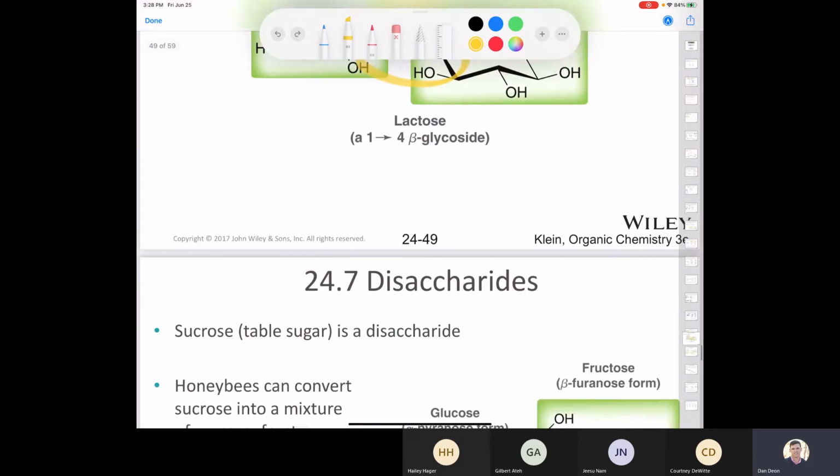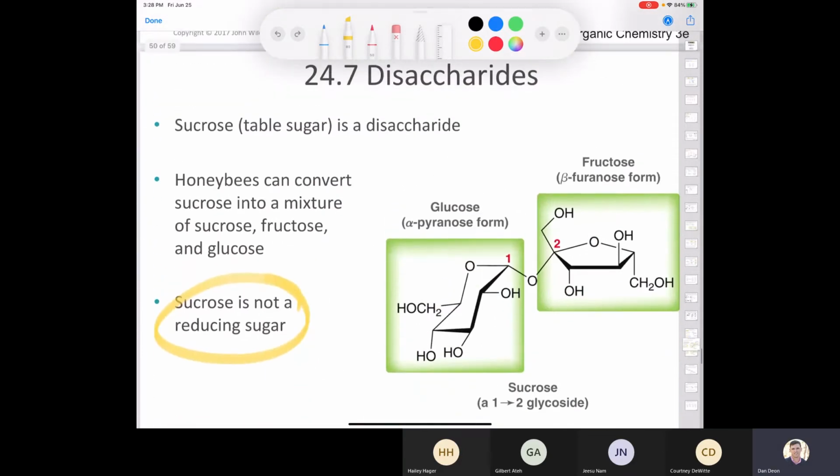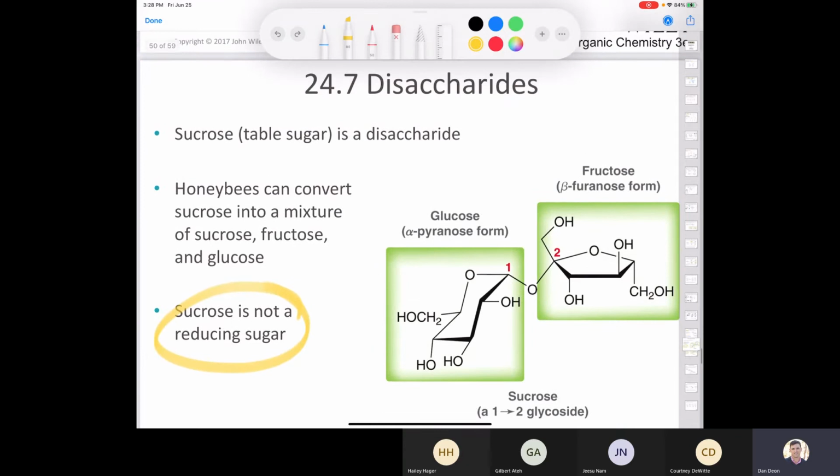So that's lactose. Now the last disaccharide that we look at is sucrose. And sucrose is table sugar, right? You go to the grocery store, you buy a bag of sugar, what you're buying is sucrose. And sucrose is a disaccharide that's made from glucose and fructose. But if you look at fructose, there is no hemiacetal in sucrose, and so sucrose is not a reducing sugar.